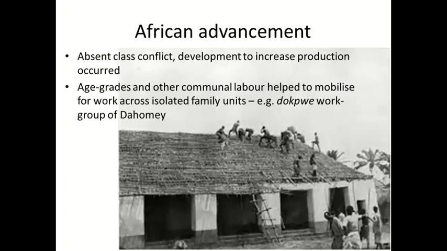For example, the Dokwe work group of Dahomey in the picture, a group of people come together to do work on building houses and agriculture and so on. Those were crucial in helping to boost production for those societies.